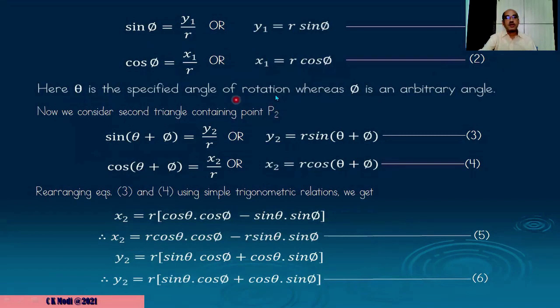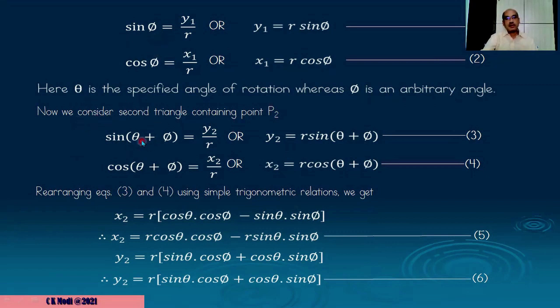So x1 is equal to r cos phi. This is equation number 2. Here theta is the specified angle of rotation, whereas phi is an arbitrary angle.